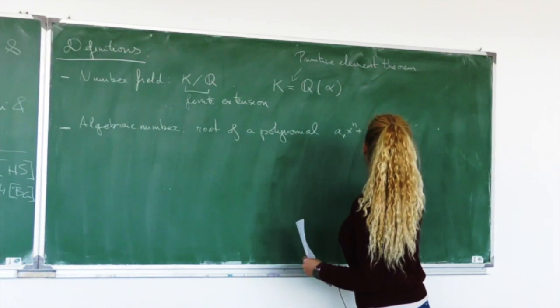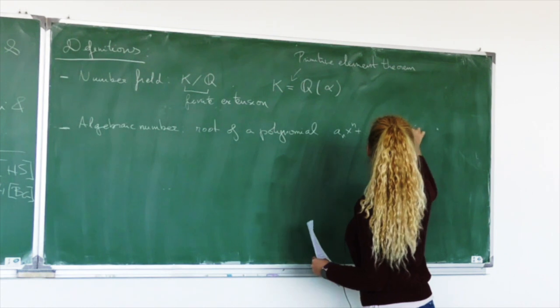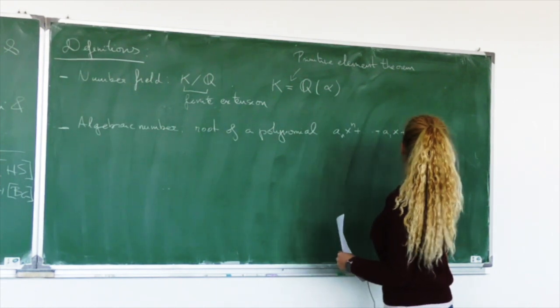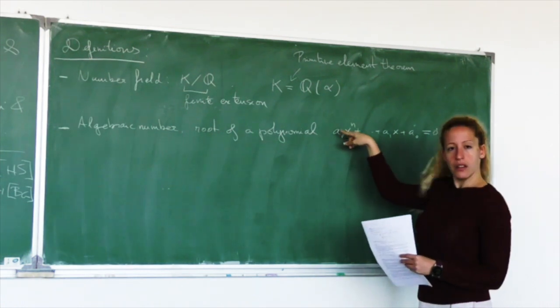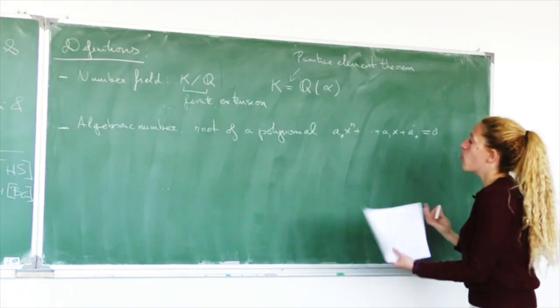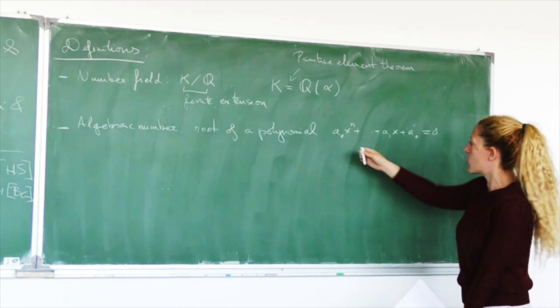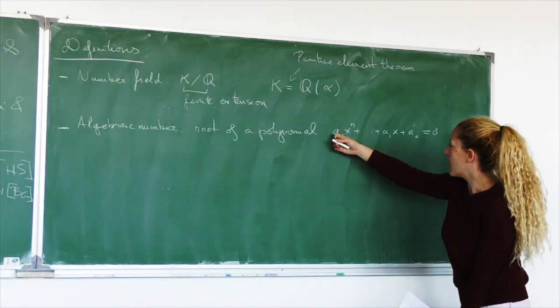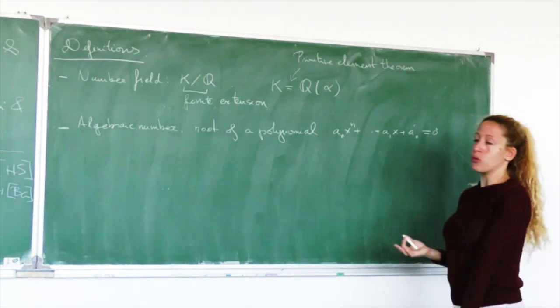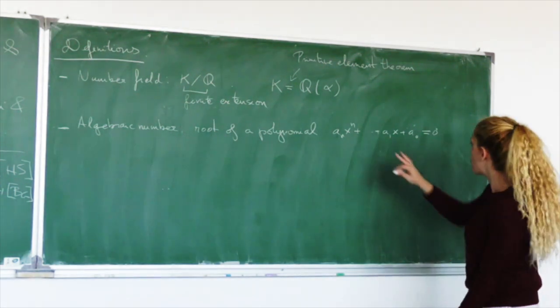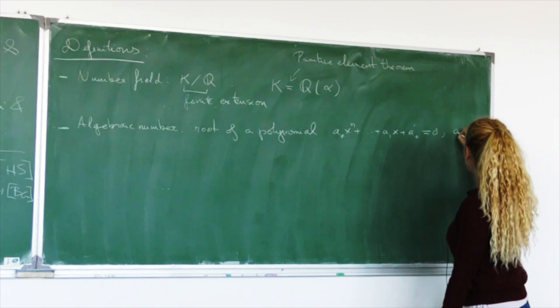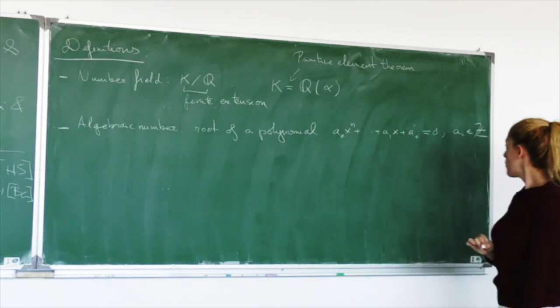You just take a polynomial, and I want rational coefficients, but because I'm letting here have a coefficient, I can ask them to be integer. So basically an algebraic number is a root of a polynomial in this way, where the a_i are integer numbers. Right?